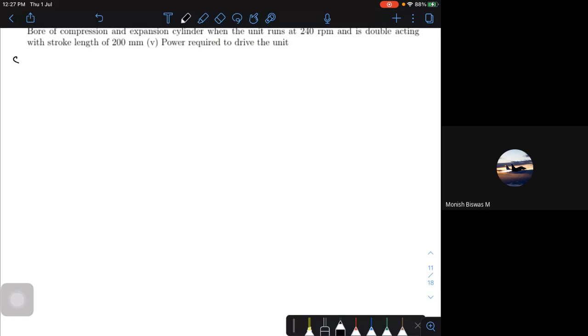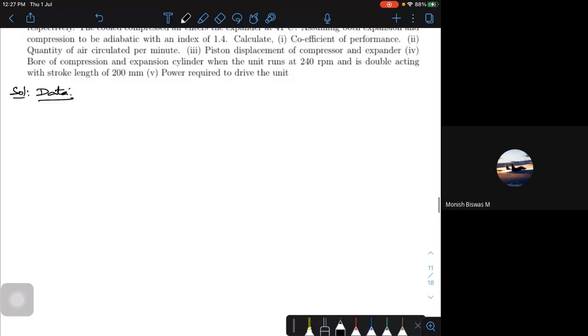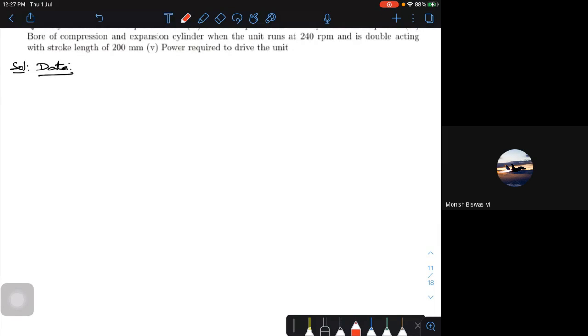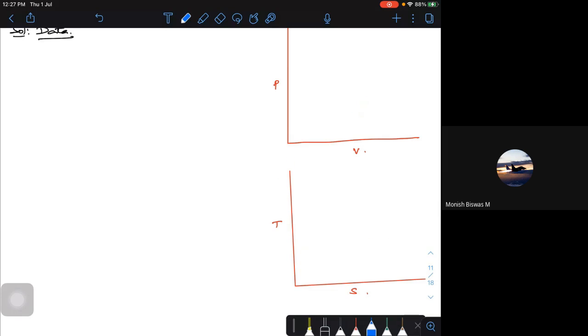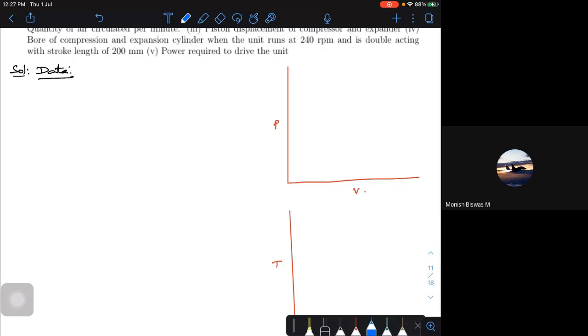Solution, data given. Let's put the PV and TS diagram. This is your PV diagram, then the TS diagram. This is a constant pressure machine, so I go with the constant pressure line from 1 to 2.